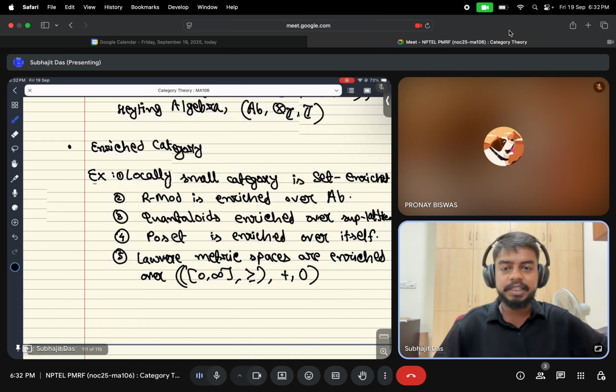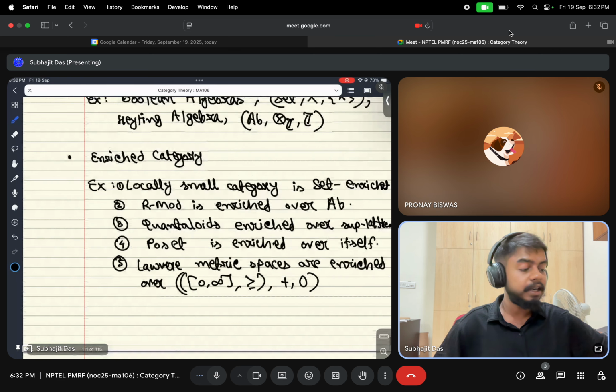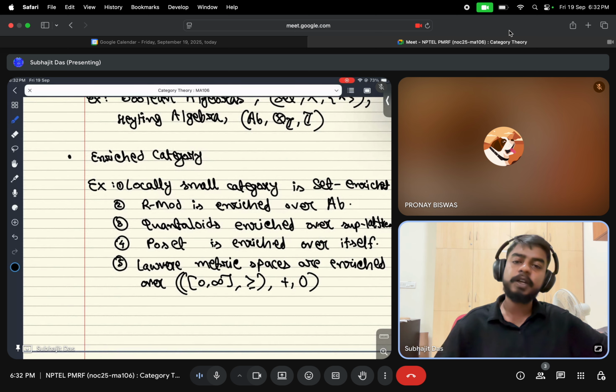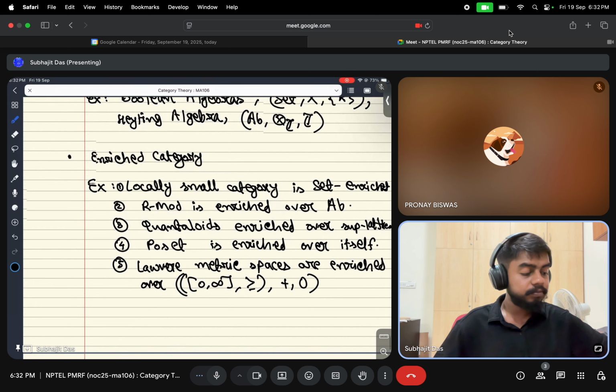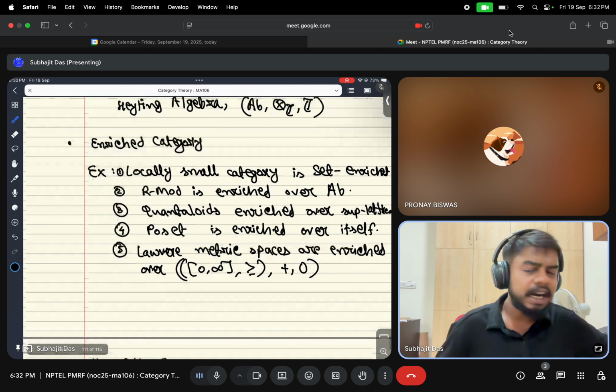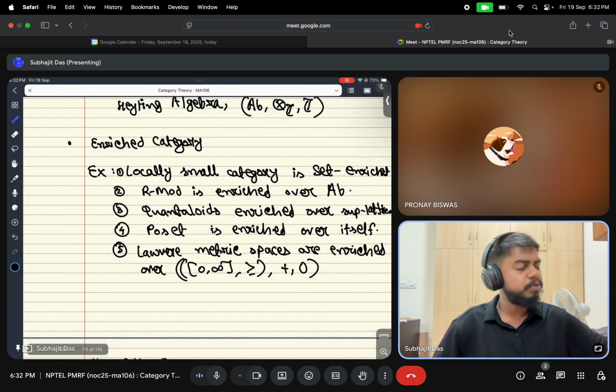So magnitude homology is like a geometric theory, in contrast to topological homology, which is a topological theory. And there are many other uses of this as well.